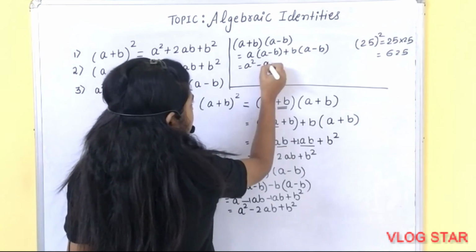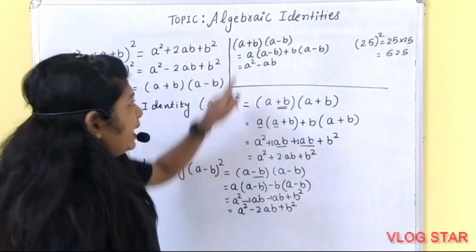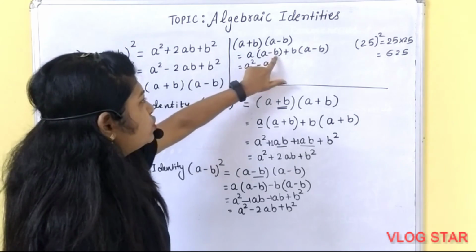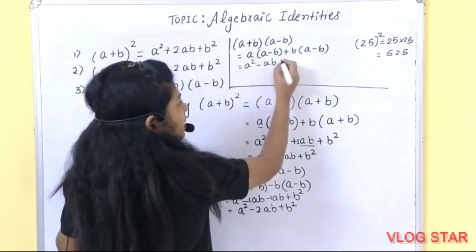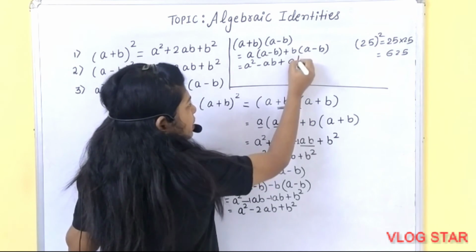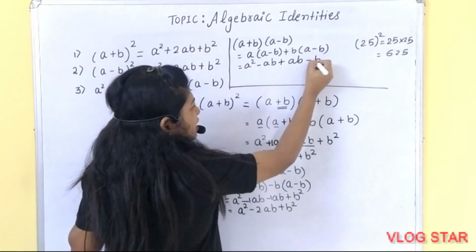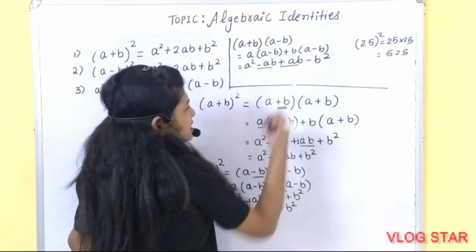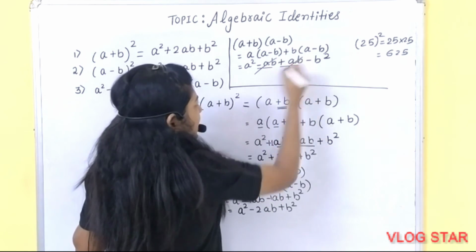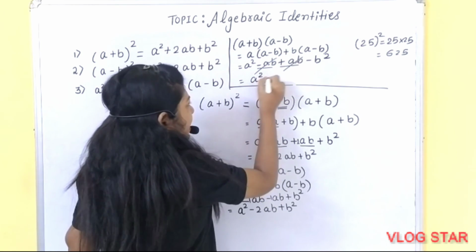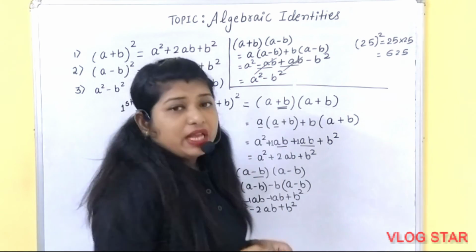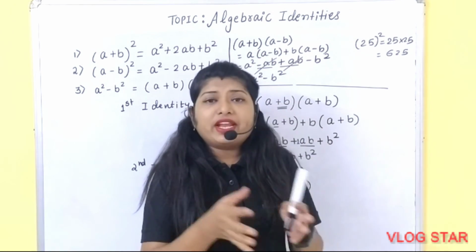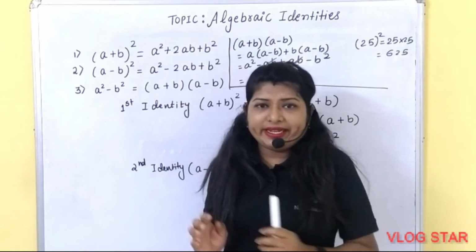If you multiply a into a, you will get a square, minus a into b will be ab, plus b into a, you can write ab, minus b square. This is minus 1ab, this is plus 1ab. This will get cancelled. What you will get? A square minus b square. So I hope you have understood how to show that left hand side is equal to right hand side.